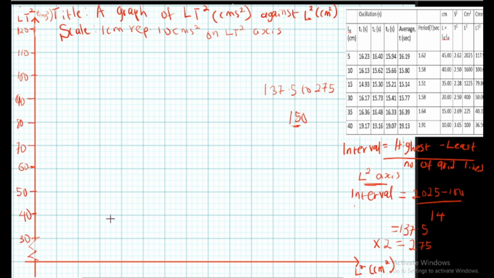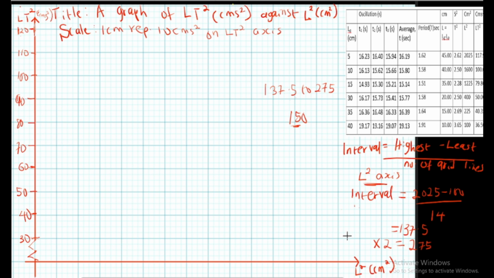Trying this, we have 150, 300, 450, 600, 750, 900, 1050, 1200, 1350, 1500, 1650, 1800, 1950, 2100.